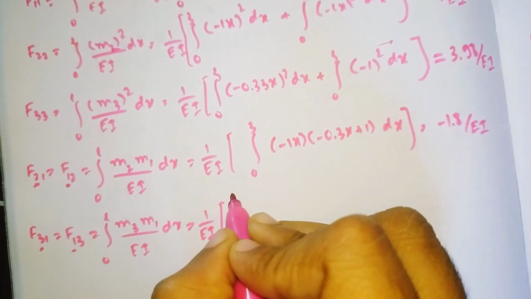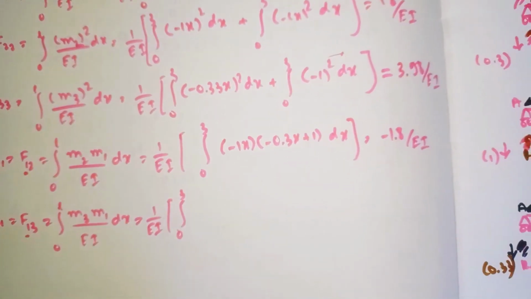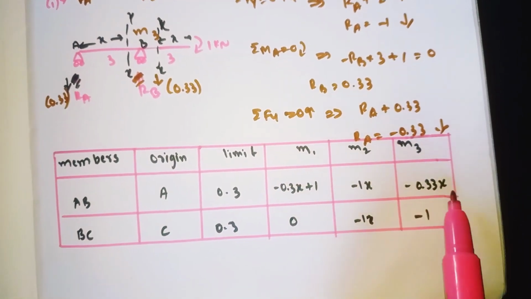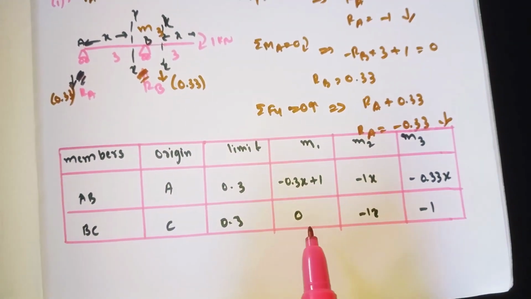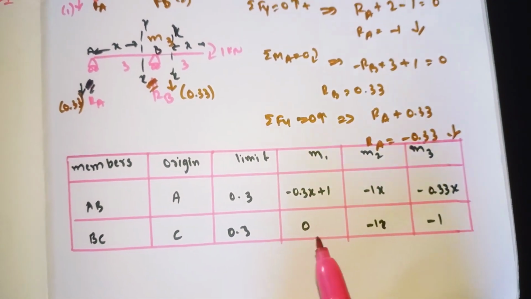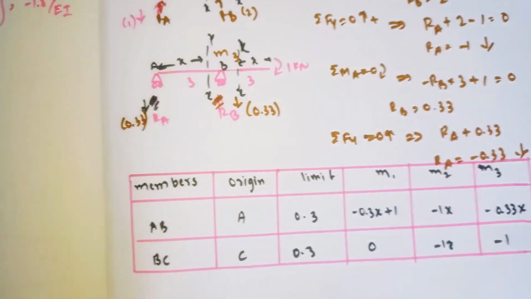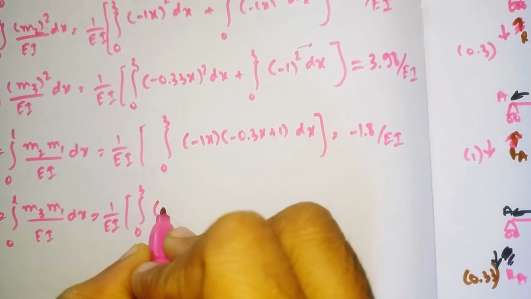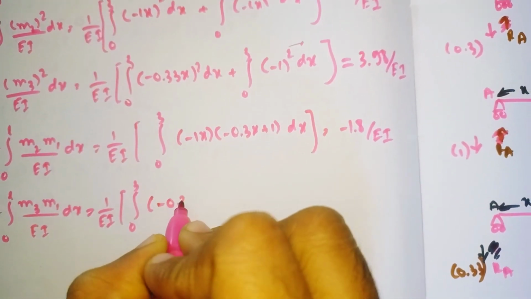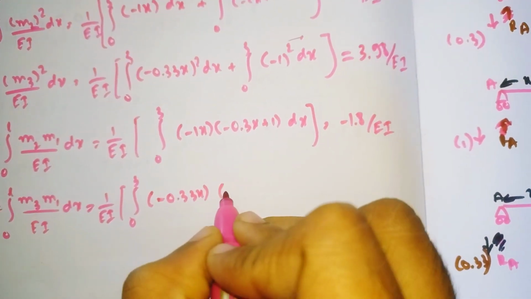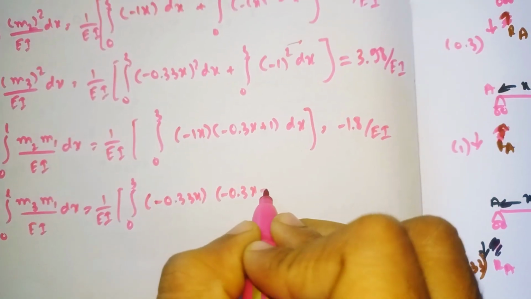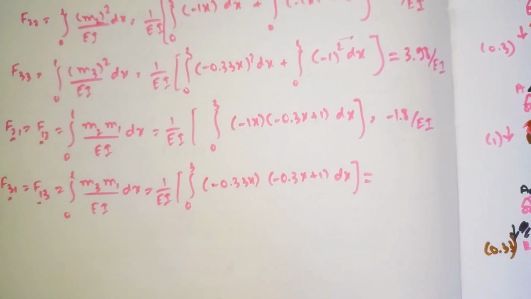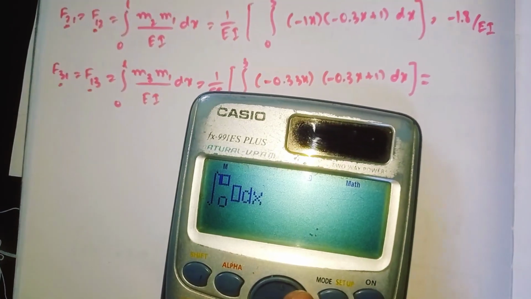Integration of 0 to 3, and the M1 value for AB is minus 0.3x plus 1 into minus 0.33x. And here 0 into anything will be 0, so I am not taking it. I am taking only the AB member. So I am integrating minus 0.33x into minus 0.3x plus 1 dx.